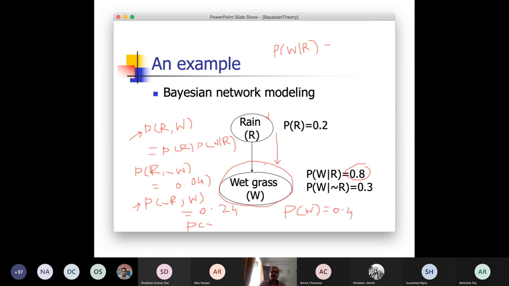So can you compute this? What is this probability?